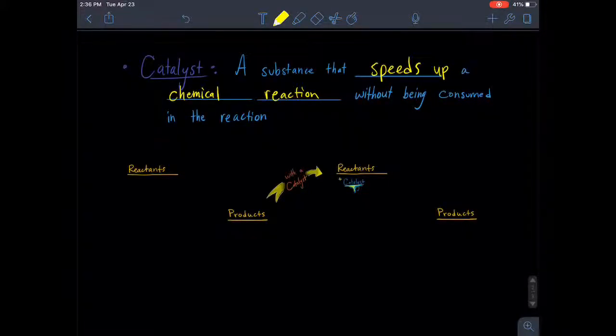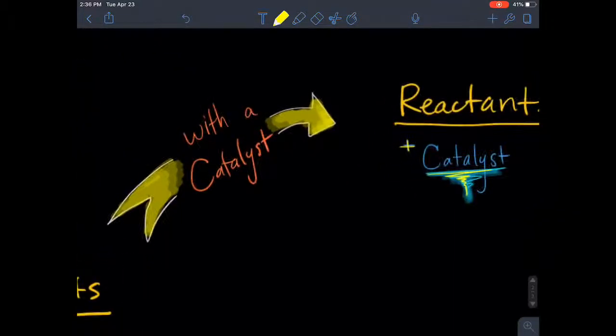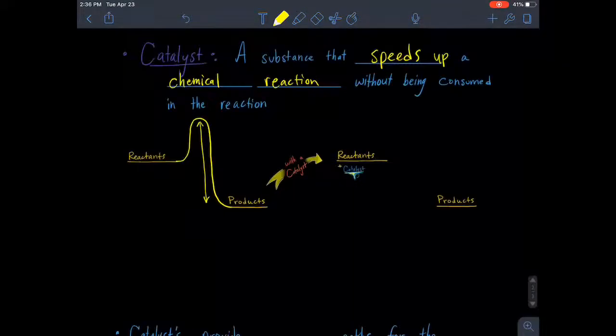So if we were to draw the activation energy, let's say that it takes a lot of activation energy to get the hydrogen peroxide to turn into oxygen and water. So we'd say that's a high activation energy. But when we add a catalyst, let's see what happens. So we have the reactants plus our catalyst here, and it actually causes the activation energy to be reduced.